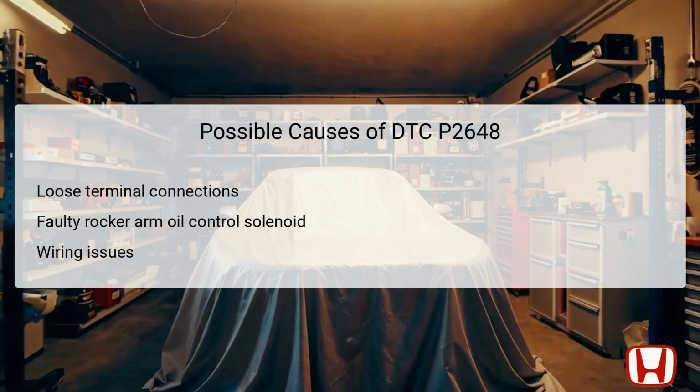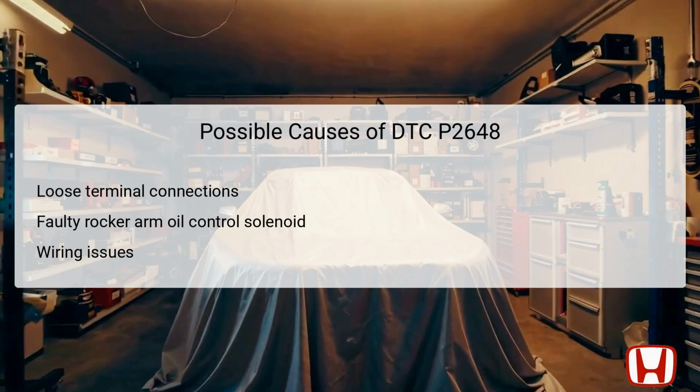Third, wiring issues such as frayed wires or shorts can impede the power flow to the solenoid, further contributing to the low voltage condition. Each of these causes can result in poor engine performance and require meticulous examination during the troubleshooting process. Identifying the specific cause is essential to effectively resolve the P2648 code and restore the vehicle to its optimal operating condition.